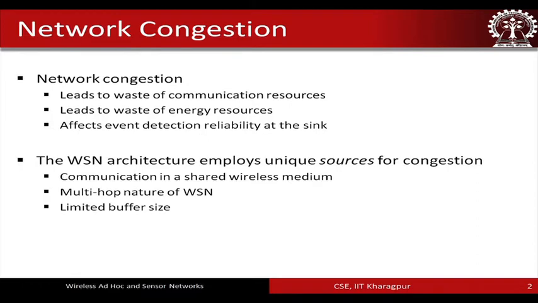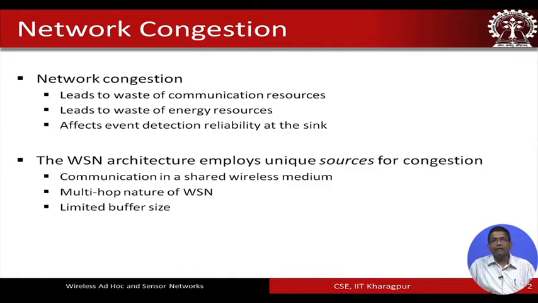Looking into congestion, network congestion basically is very undesirable. Whether it is a sensor network or any kind of network, congestion is undesirable because it leads to wastage of communication resources, energy resources and so on, and overall the reliability of data delivery is seriously affected.